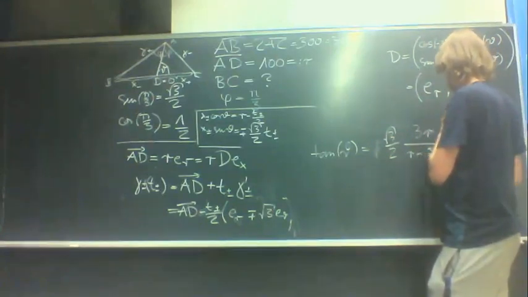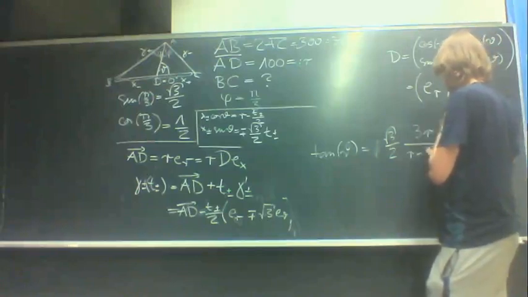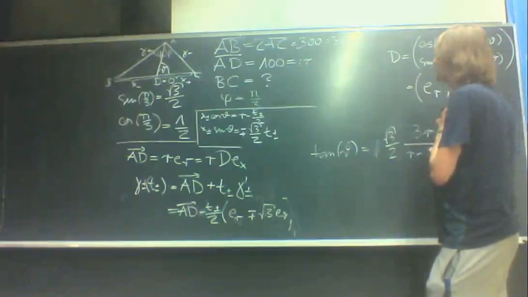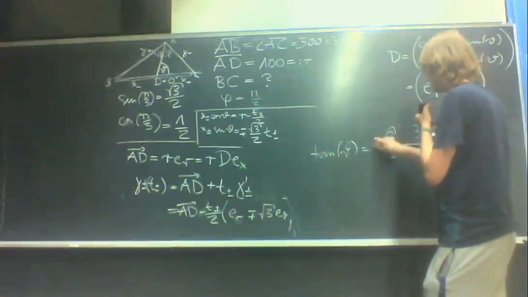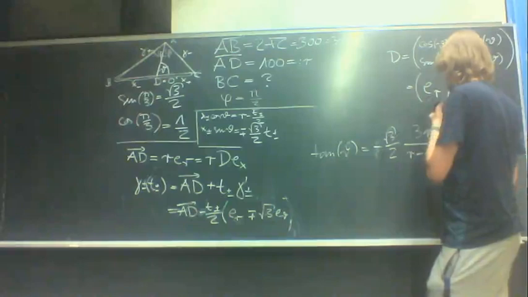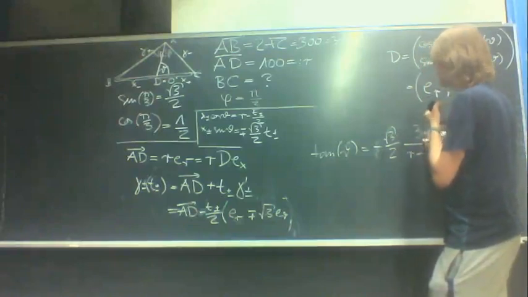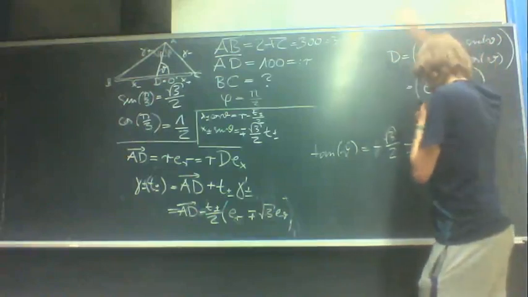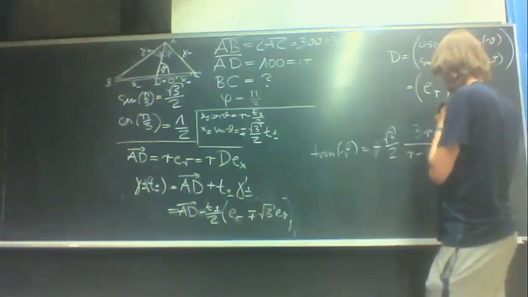This is r minus, so let's just take the AB length. So T plus is 3r in this case, so here will be 3r.